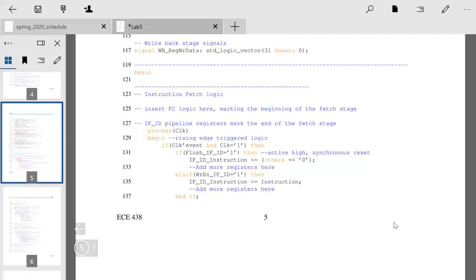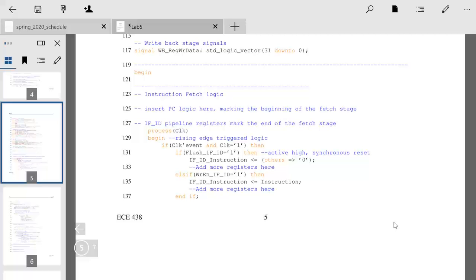This basically is saying, when the clock changes and the clock is high, that basically means it's looking for a rising edge. If you said if clock event and clock equal to 0, that would be a falling edge. And again, you can use the more modern aspects of the language, and you can replace that clock event and clock equal to 1 with a rising edge statement of clock.